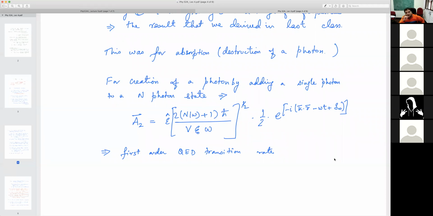I can think of the excited states as putting a number of particles. I put one particle, it will be in the zeroth state. I put two particles, it will be in the n equal to 1 state, and so on. So I can think of the harmonic oscillator state in terms of number of particles, and the ground state is when I have zero particles.